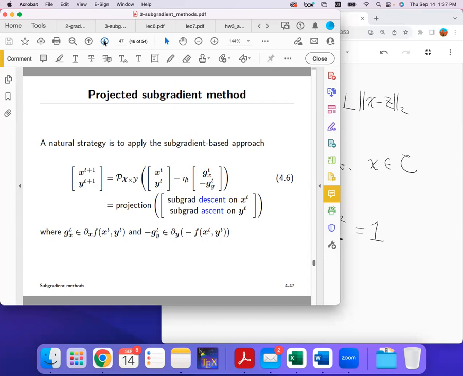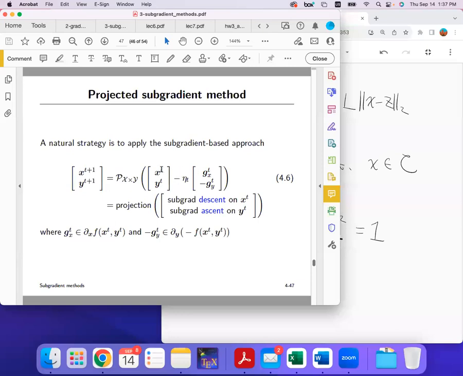And we can just extend the subgradient method to such a saddle point problem. The update rule is pretty simple if we write it in a vector form. In the t-th update, this is the current variable (x_t, y_t). I simply do a subgradient step. Here g_x,t is the subgradient with regard to x, and g_y,t is the subgradient with regard to y. But here you see, x is doing minimization and y is doing maximization.